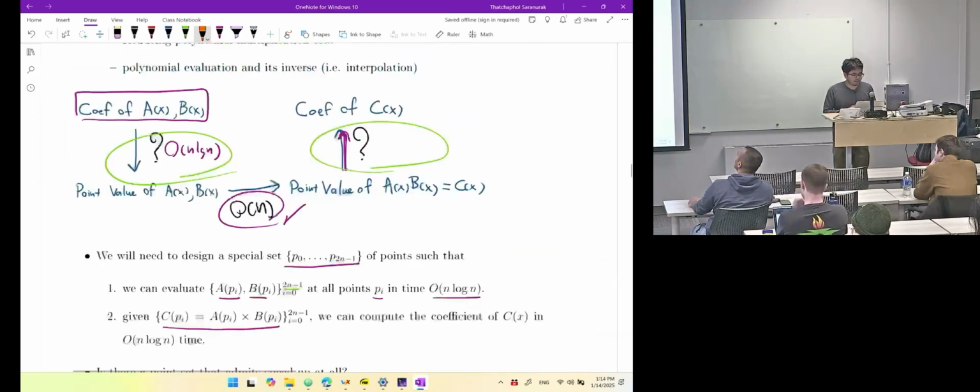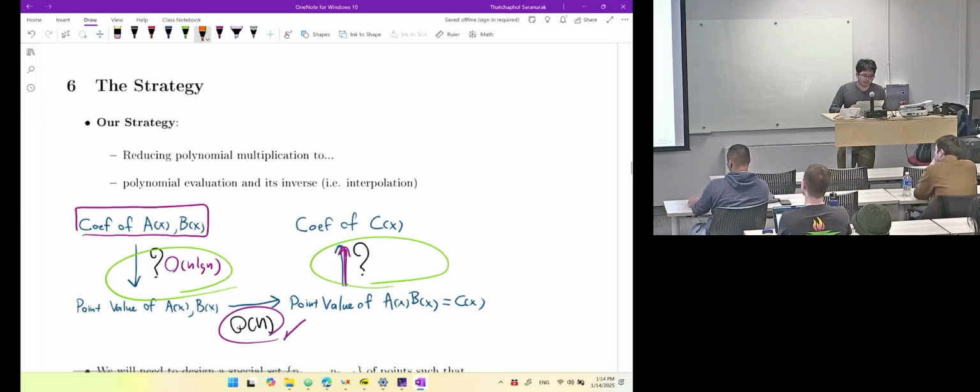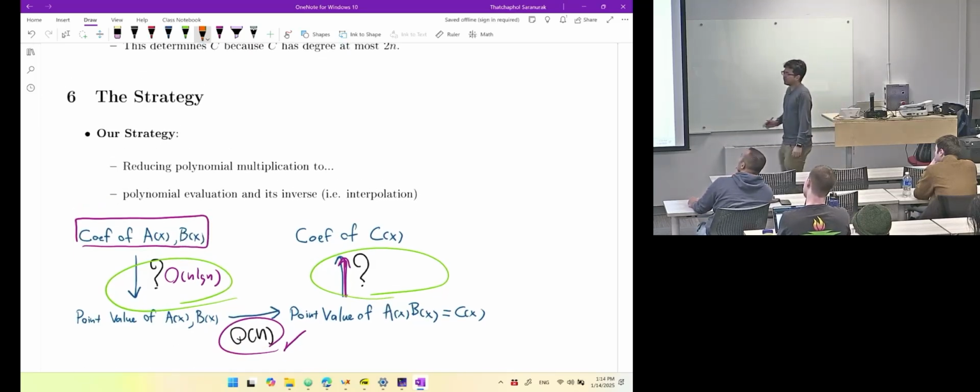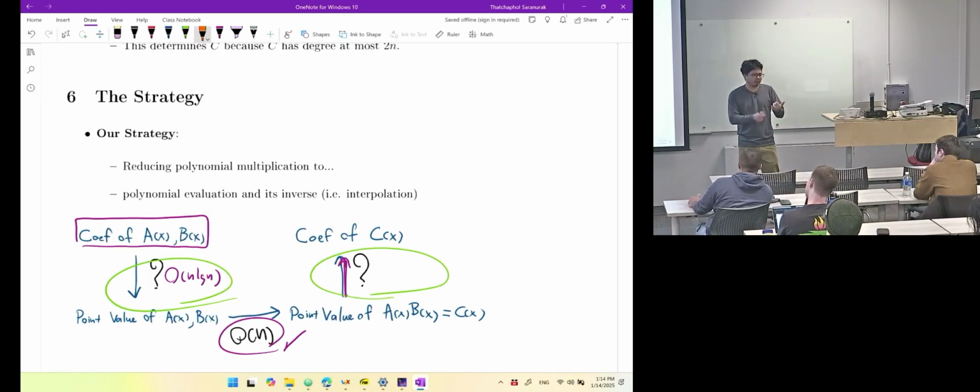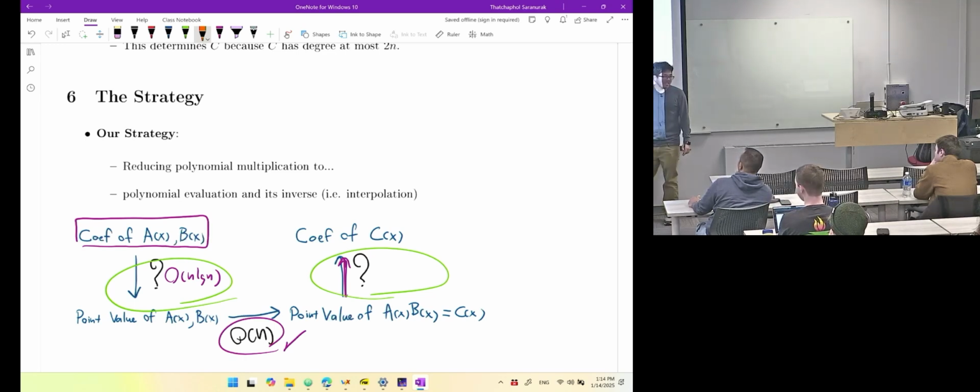You asked how does the fact that evaluation points of a polynomial determine a polynomial relate to everything? Basically, what we're going to do here is evaluate this polynomial C at 2n many points, and once you have that, it's going to determine C exactly.